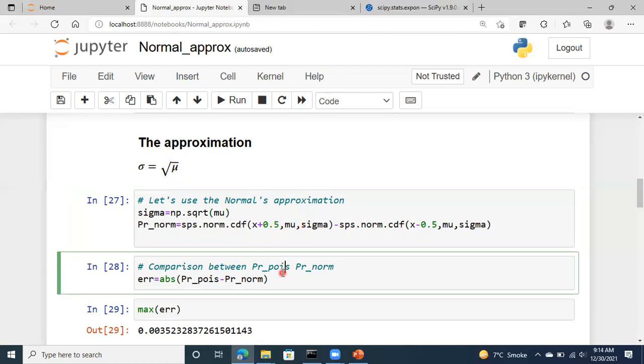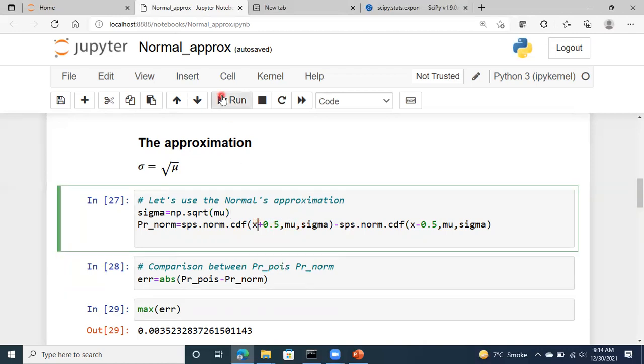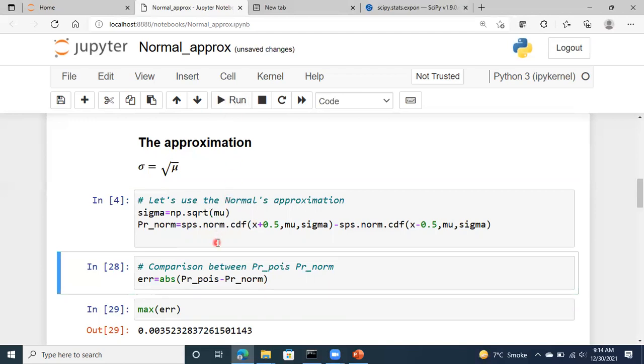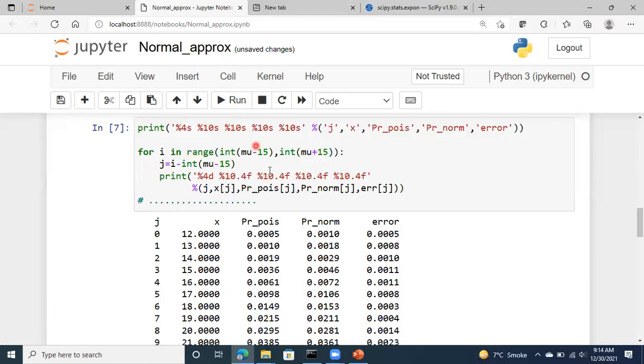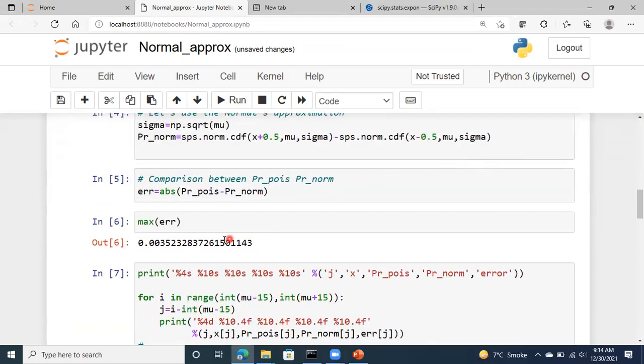And now for comparison, this will be computed. Then the fourth step is to do the comparison and define an error vector. So that is done. And the maximum error for that vector in the probabilities computed from the Poisson approximation is up to 2 decimal places.